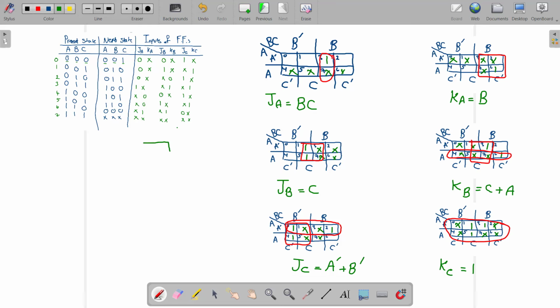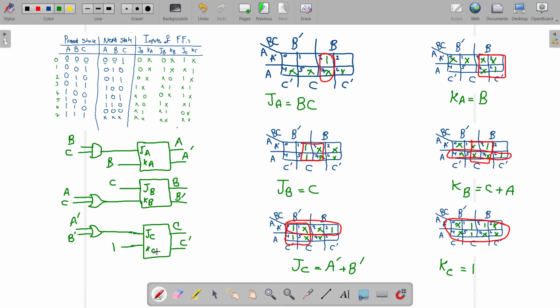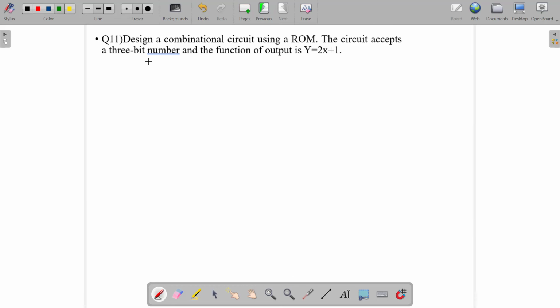Again, we have 3 JK flip-flops, JA, KA, A prime. Similarly, all of them is written in this form. Now in this form, you can see that we design the sequential counter.